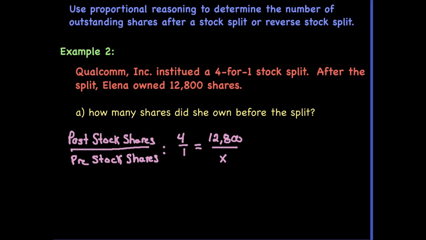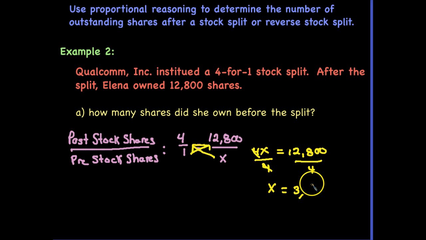Once again, if we cross multiply, X times 4 is 4X, and 1 times 12,800 is just 12,800. Solving for X, I would divide both sides by 4. The 4's cancel, they turn into 1, so 1X is equal to 3,200 shares.